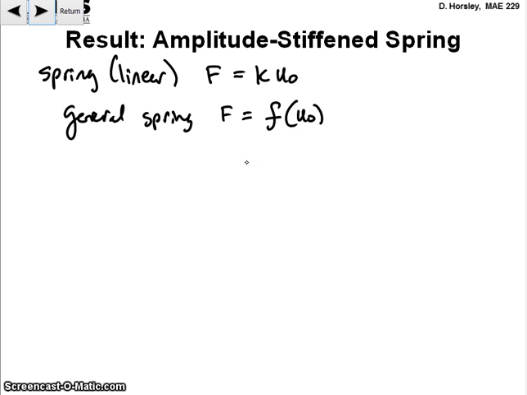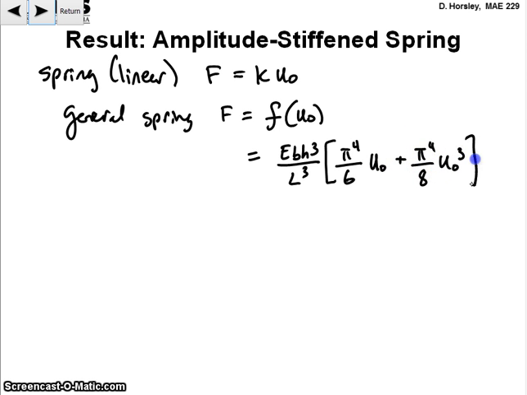In this particular case, that's E b h cubed over L cubed, which looks like the moment of inertia over the L cubed term, times pi to the 4th over 6 times u naught plus pi to the 4th over 8 times u naught cubed.